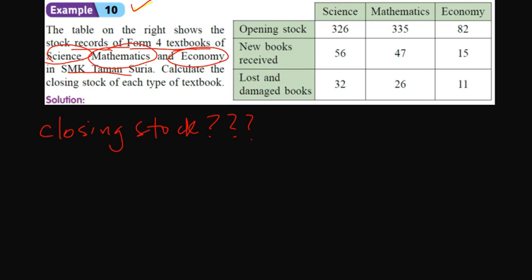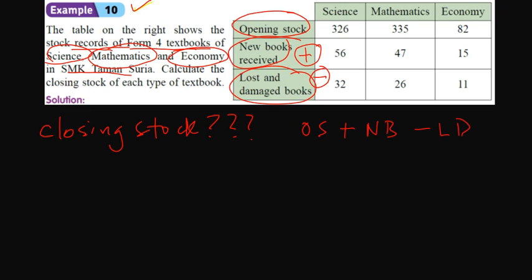you want to calculate, how many books do you have at the end for this closing stock. So what do you do? You must know your opening stock, you add with your new books, and then some of the books are lost and damaged, this one you have to minus, because they cannot be used. So closing stock is your opening stock, you plus with new books, then you minus with loss and damage.